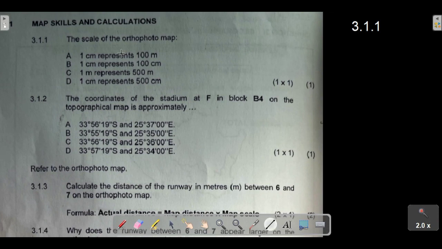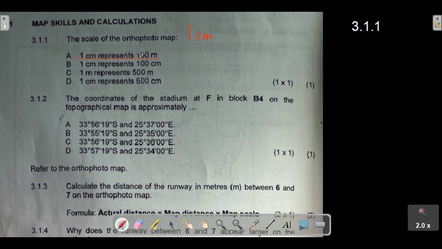We'll start with the first one, which is A. Let me use a thicker pen. Yes, there we go. It says 1 centimeter represents 100 meters.